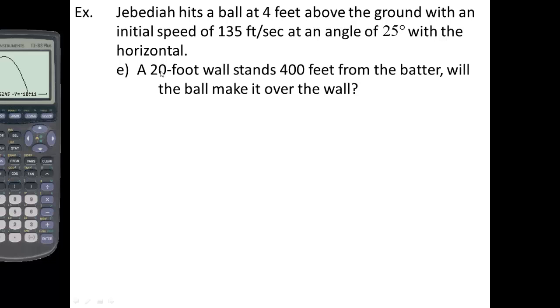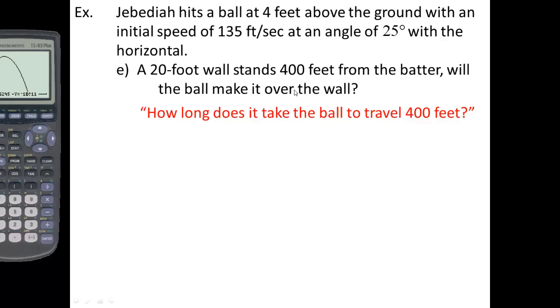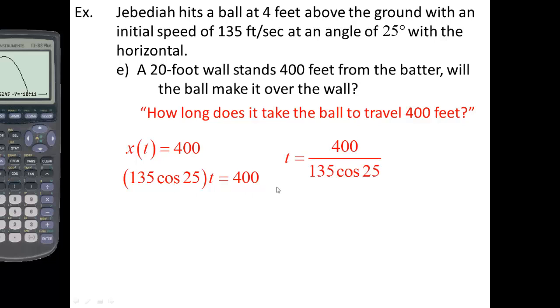Well, in order to figure out the y position, I need to know what time it is. So to figure out what time it is, I'll use the x equation, set it equal to 400, and then solve for t. So let's set the x equation equal to 400, divide to solve for t, and that's going to give me 3.2 seconds and change. So I just need to know the height at that time.